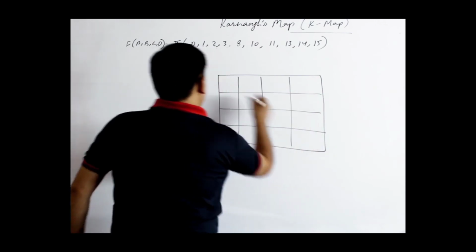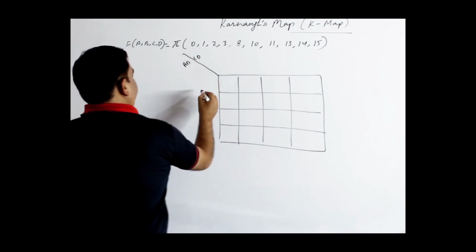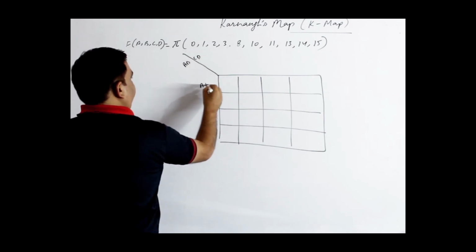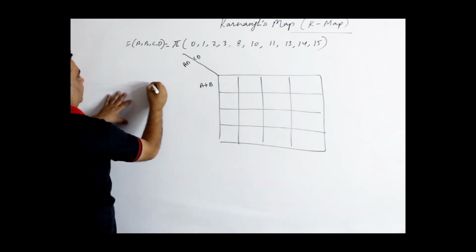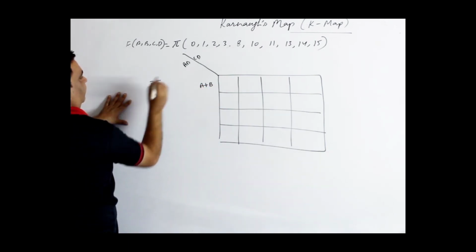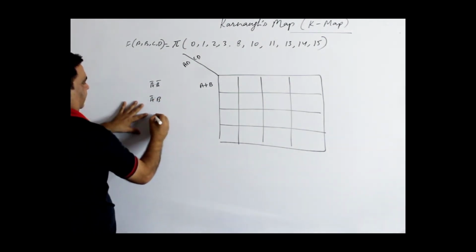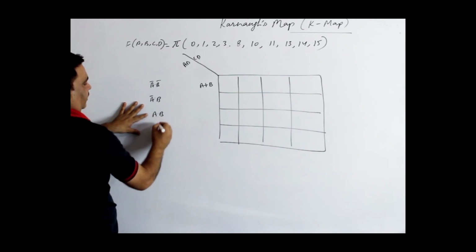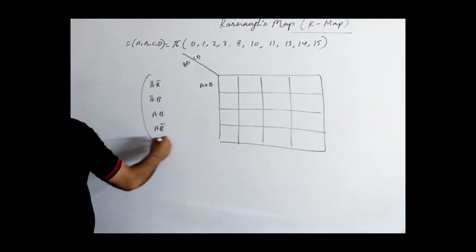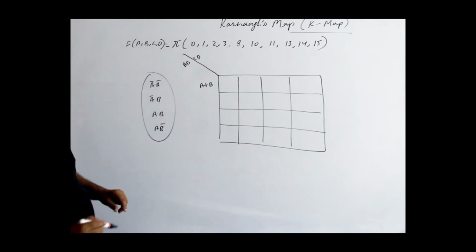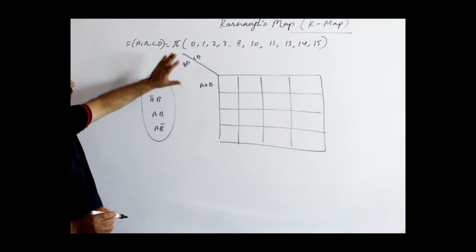The designation will remain the same in both cases, left side AB, right side CD. Here you have to write A plus B, but what we were writing in SOP was A complement, B complement, here A complement B, here A dot B and A B complement. This was for the SOP expression, but I am talking about the POS.